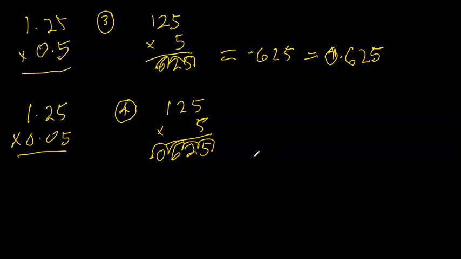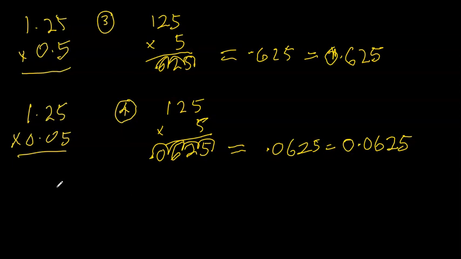So now this becomes 0.0625. So that's all you have to do. You just count the number of decimal places and account for it in the end.